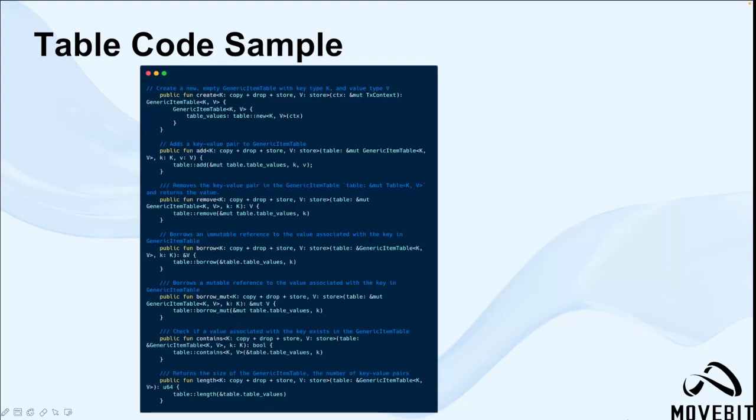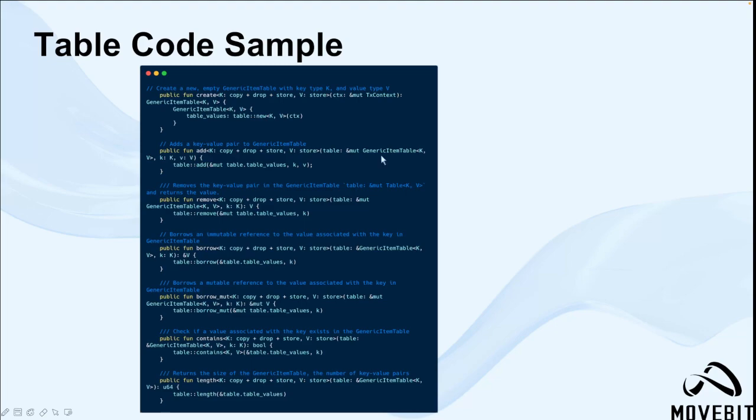This code provides functions to interact with the generic table in a game context. The table is called generic item table and allows storing key value pairs with generic key and value types. So the create function will create a new empty generic item table with a specified key type K and value type V. It takes a mutable reference to the transaction context and returns a newly created generic item table.